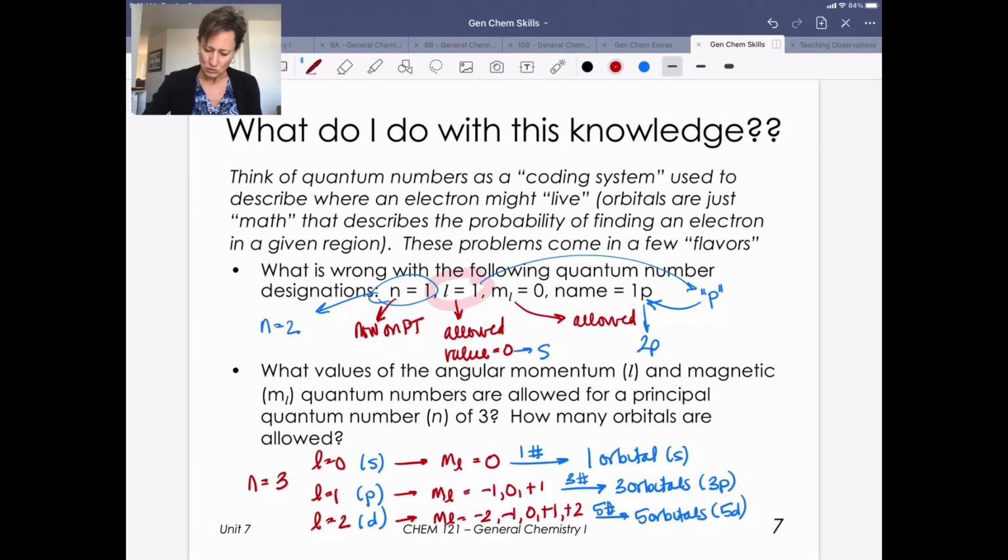So there are 2 electrons here, 6 electrons here, and 10 electrons here. I'm going to review something that you've learned already. An s orbital holds 2 electrons, p orbitals 6 electrons, d orbitals 10 electrons.